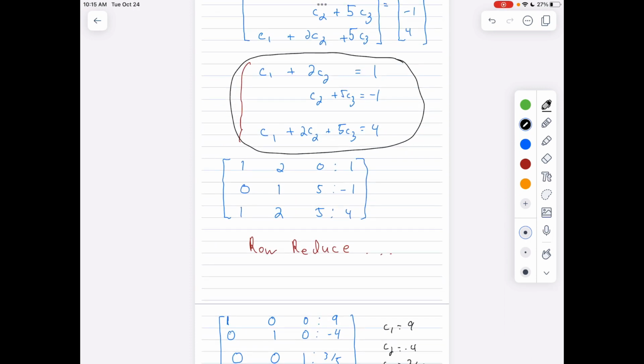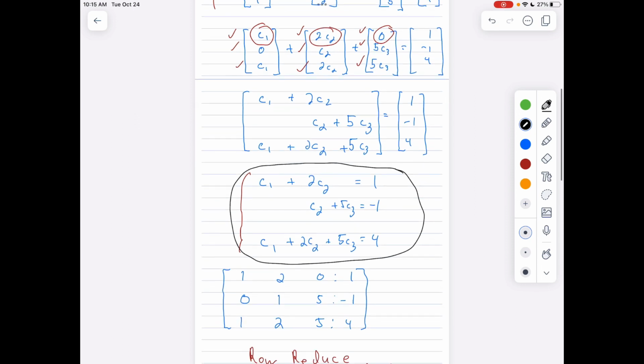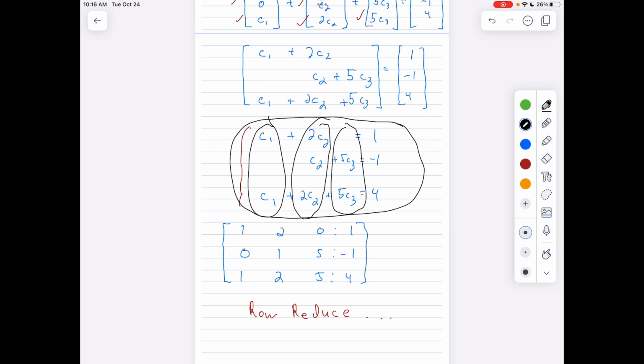So at this point, there are various ways of doing it. Again, I just picked row reduction. A lot of people will ask me, hey, is there a way I can reduce all the work here? Technically, by definition, this is what we mean by the span. What you could do is jump to what I have here in the black circle, the system of equations. If you look at each of the columns representing the coefficients of C1, C2, and C3, they are the same as the vectors we started out with: (1, 0, 1), (2, 1, 2), and (0, 5, 5).